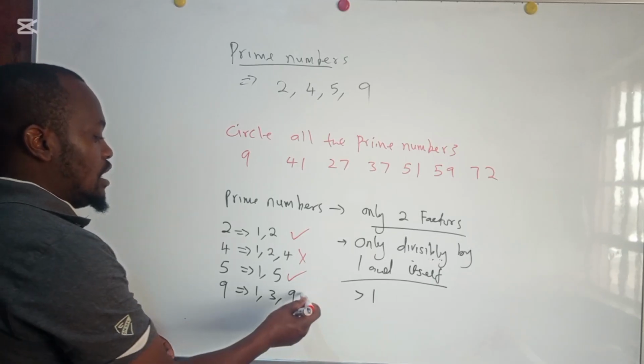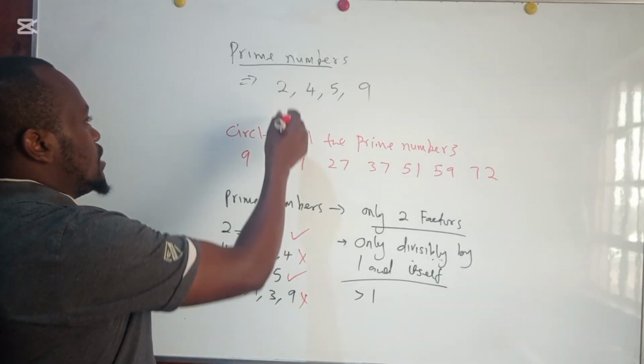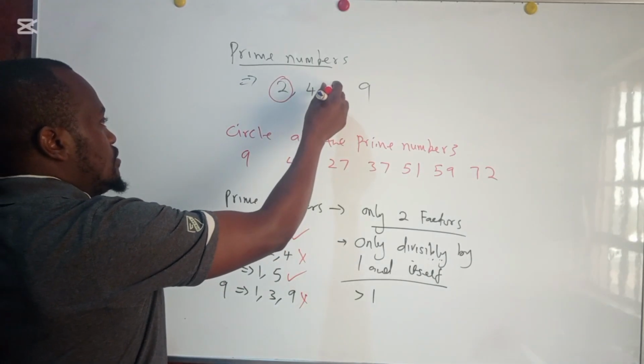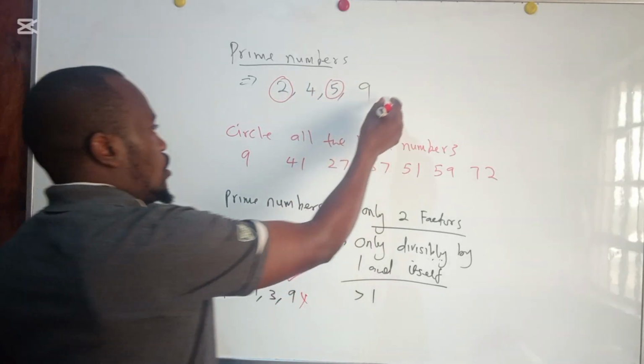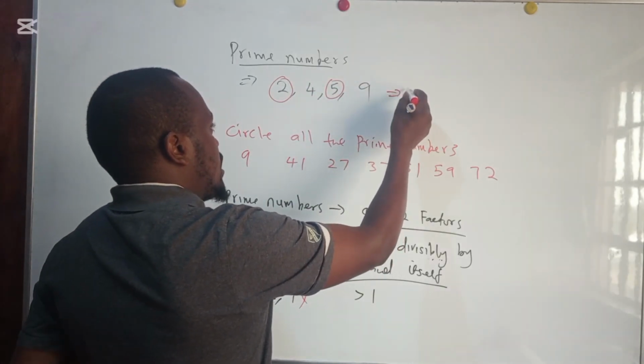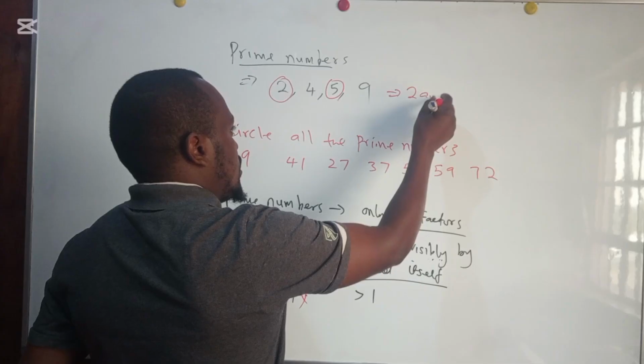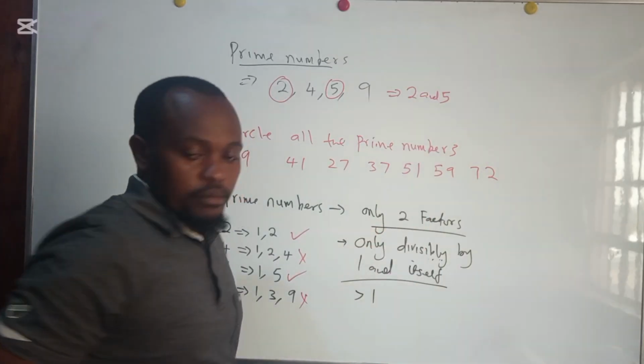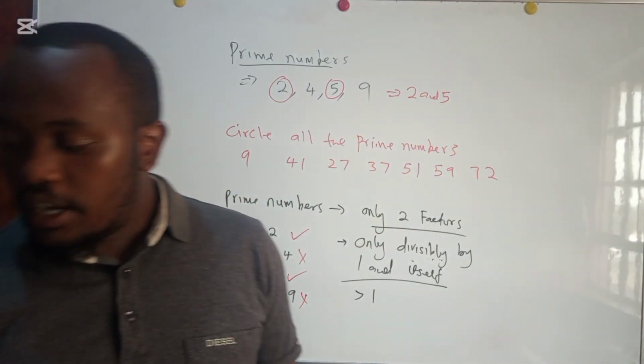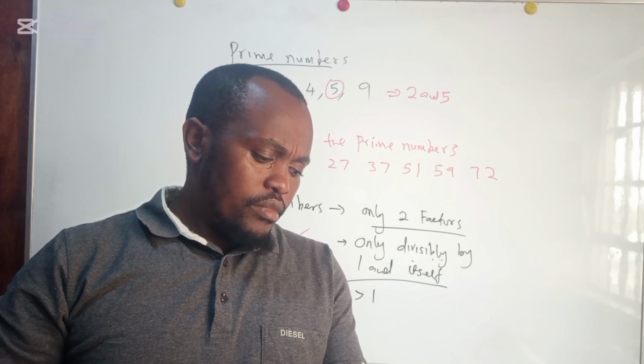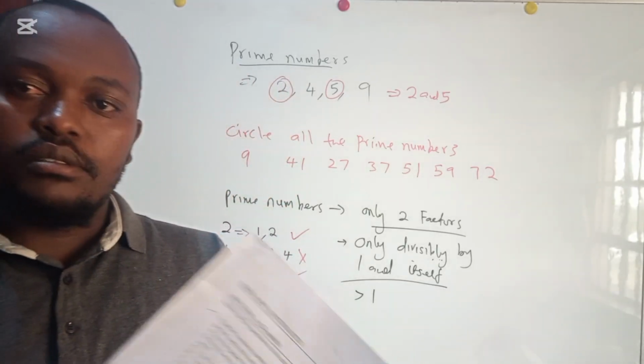So this one is not a prime number. So the prime numbers were 2 and 5. So on the choices you would have chosen where there was 2 and 5. Imagine now you would have gotten that mark correctly. 2 and 5 would have been B.